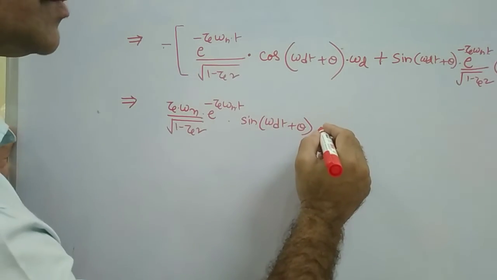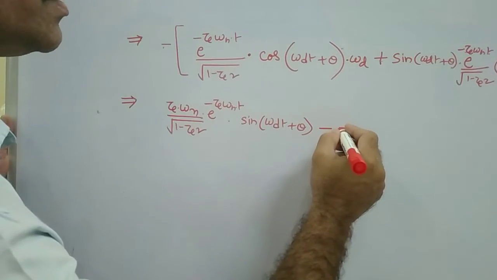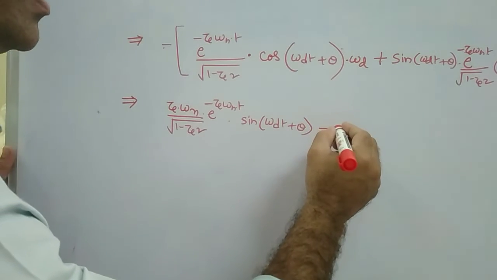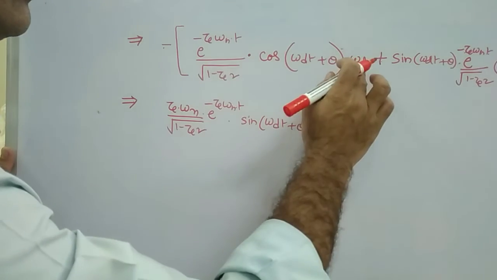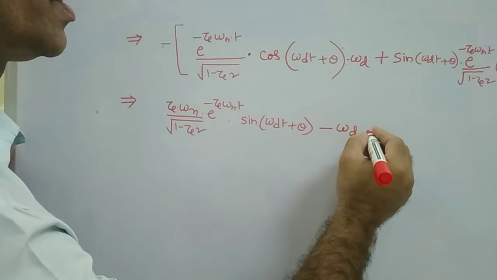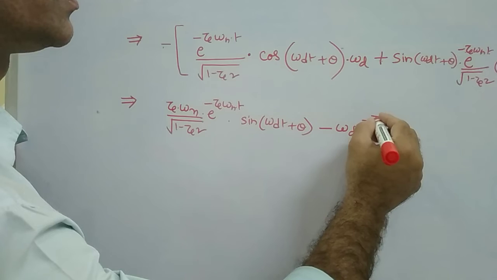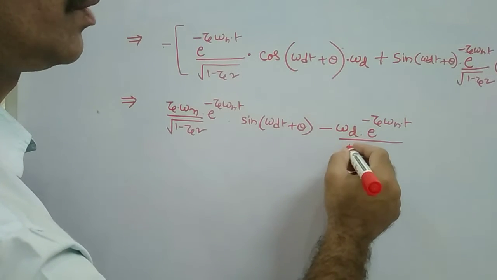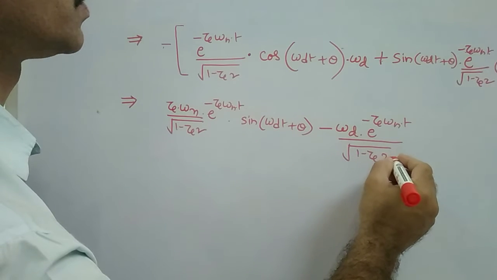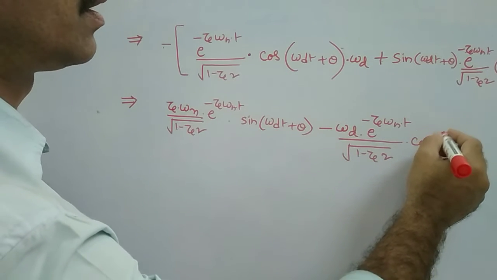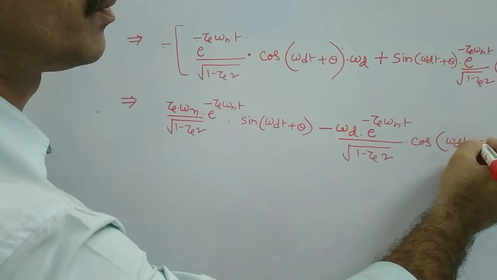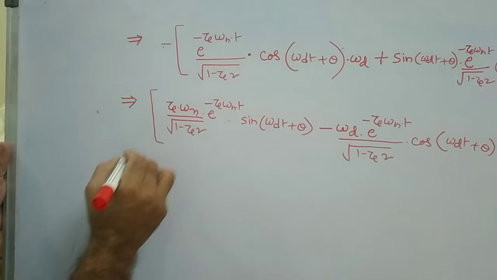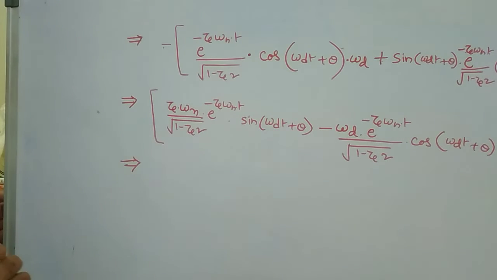Now the second term comes with minus, and you write omega d into e power minus zeta times omega n into t by square root of 1 minus zeta square into cos of omega d times t plus theta. Clear? This implies, clear.